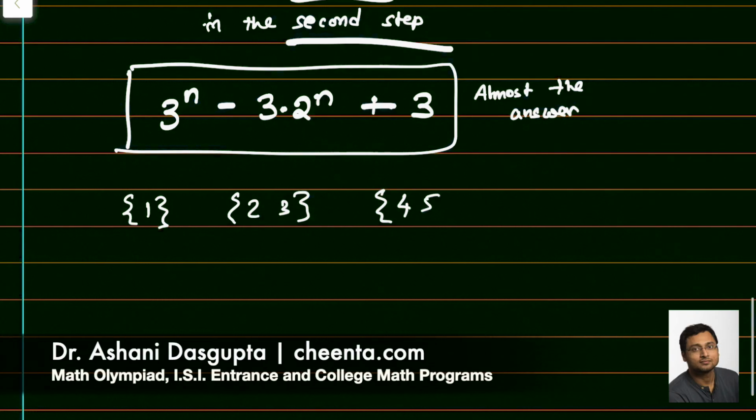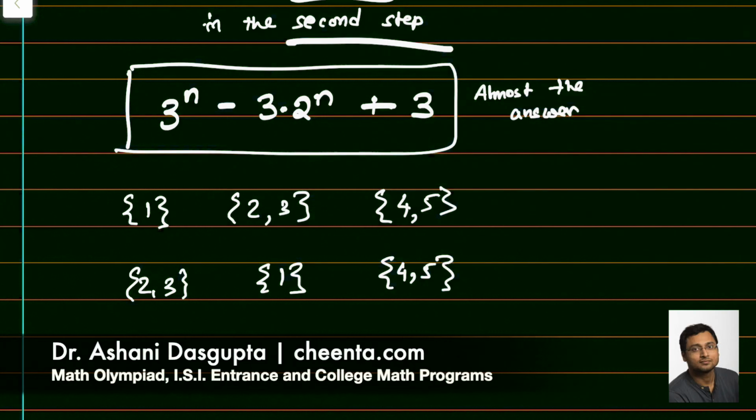So in our example, 1, 2, 3, 4, 5 is a partition, of course, but 2, 3, 1 and 4, 5 is also a partition. Notice that they are not different partitions.